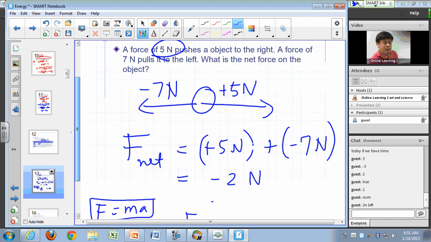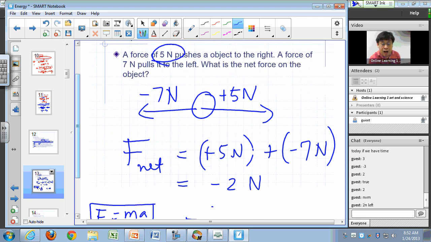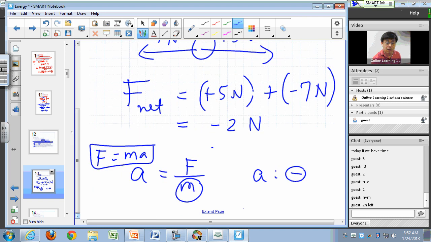If this object was moving to the right, and something's pulling you back, then you're going to have to slow down, right? So acceleration is negative. So force and acceleration have the same algebraic sign.